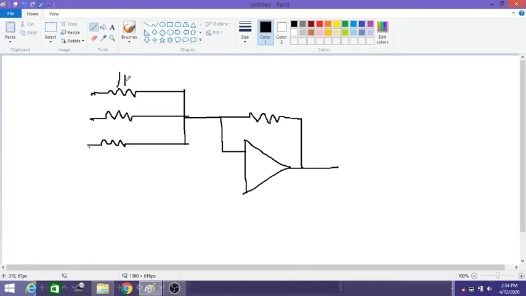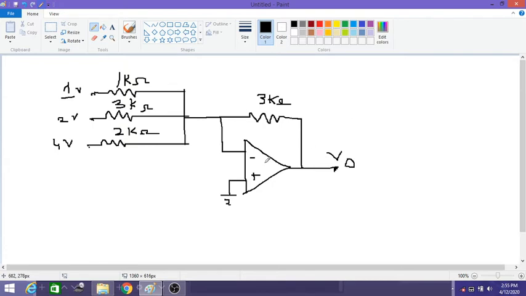The first one is 1 kilo ohm, the second one is 3 kilo ohm, and the third one is 2 kilo ohms. The voltage for the first one is 1 volt, the second one is 2 volt, and the third one is 4 volts. The feedback resistor value is 3 kilo ohms, and the V2 terminal is grounded. This is a circuit for a summer of inverting configuration. So this is the given circuit.